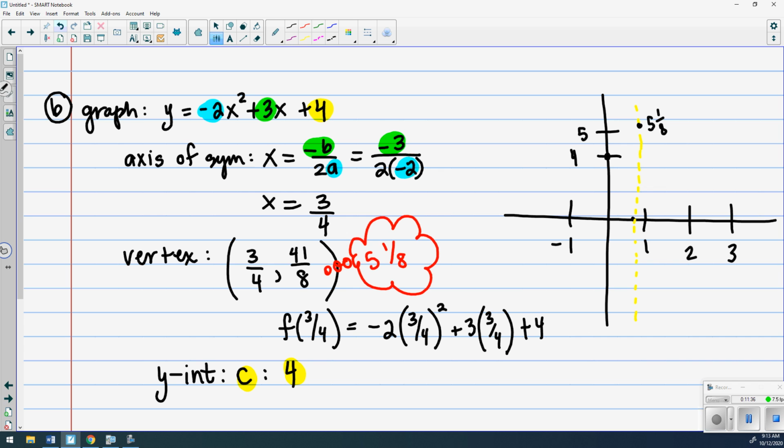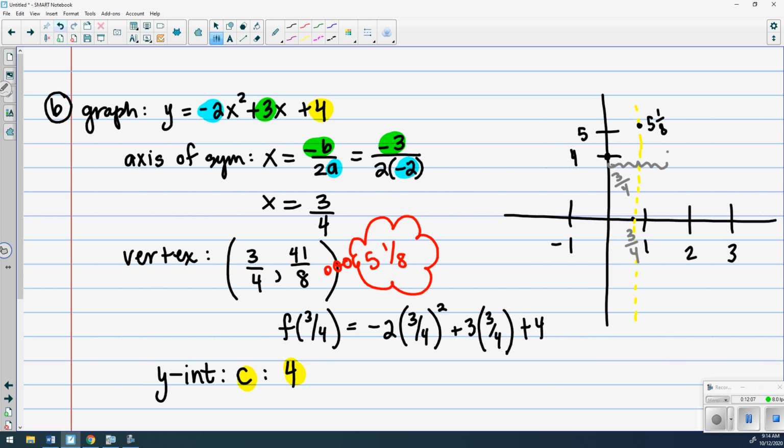Now, keep in mind that this is 3/4 of the way from that axis of symmetry. So I want to be a little bit more careful here. This distance right here is 3/4 of a unit. To plot my other point on the opposite side of this axis of symmetry, I'm going to go 3/4 of the way. Now what is 3/4 plus 3/4? 6/4, or 1.5.